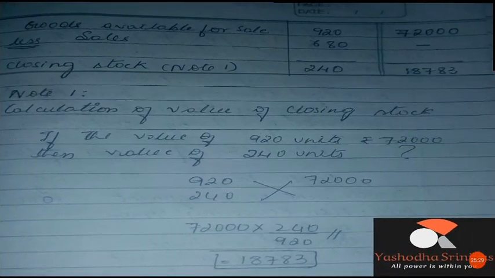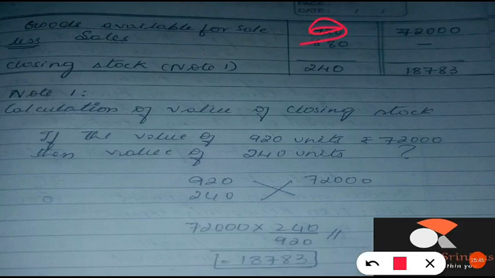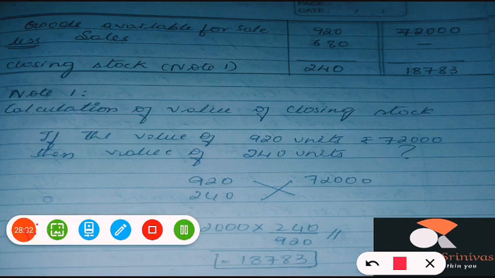Next, we are going to continue with the pro forma. Goods available for sale. What is the goods available for sale here? It is 920 units, 72,000 is actually there.